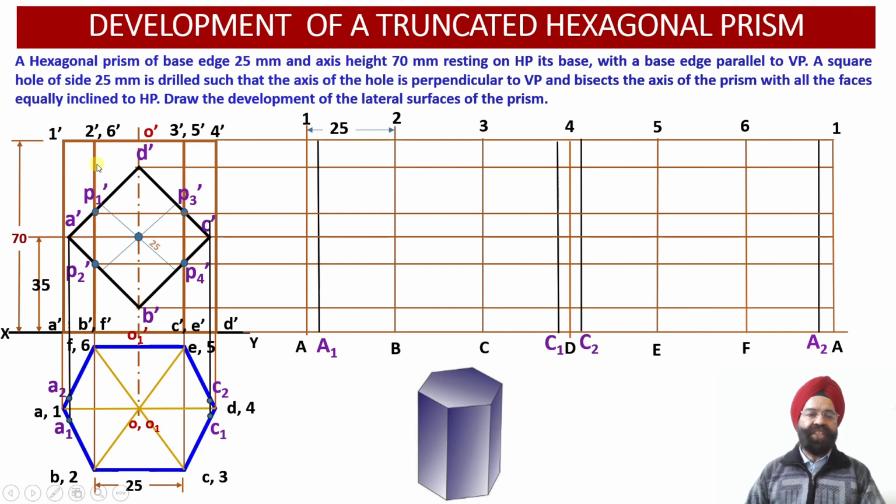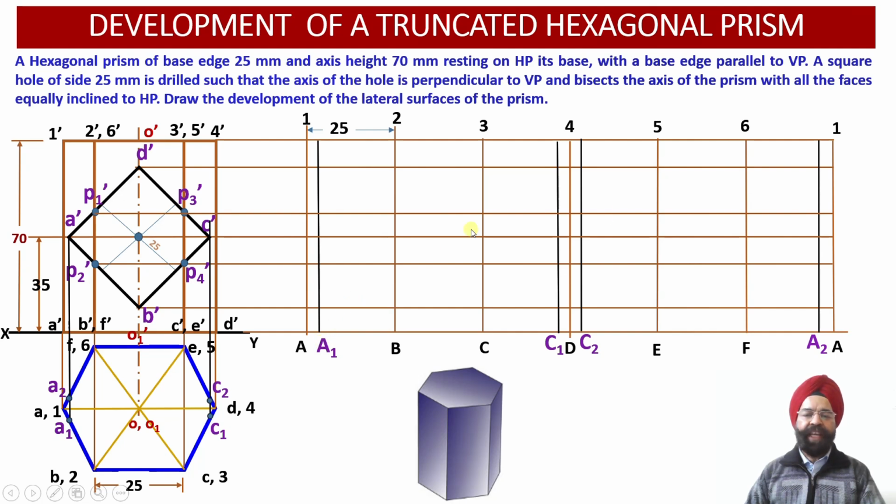So these are the existing vertical edges and these are the artificial ones: one over here, one over here and one over here. These are the artificial vertical edges we will be obtaining. So let us start with point A. We know that point A will lie onto the black projector lines starting from the points A1 or A2.